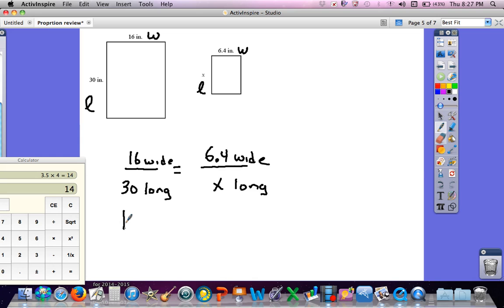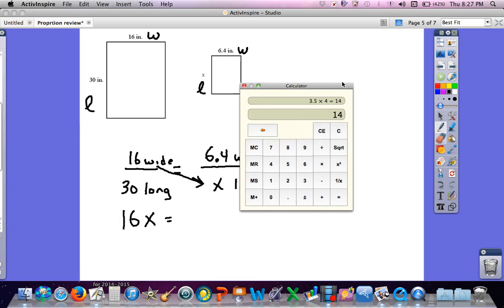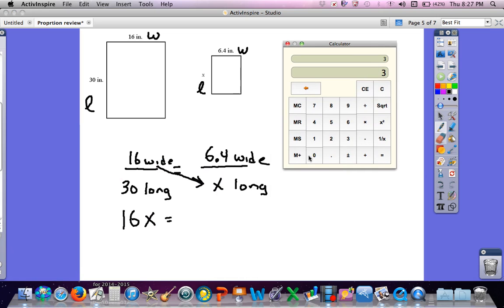Cross multiplying, 16 times x is equal to 30 times 6.4, which equals 192. And when I divide both sides by 16, 192 divided by 16 is 12. So for these to be similar figures, this length is 12 inches.